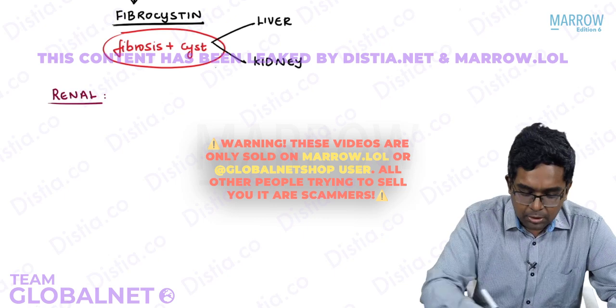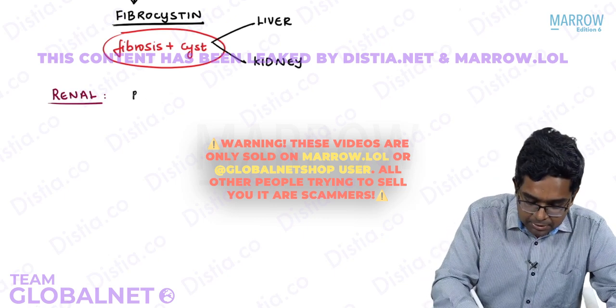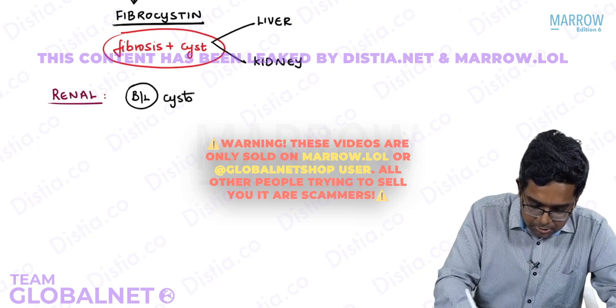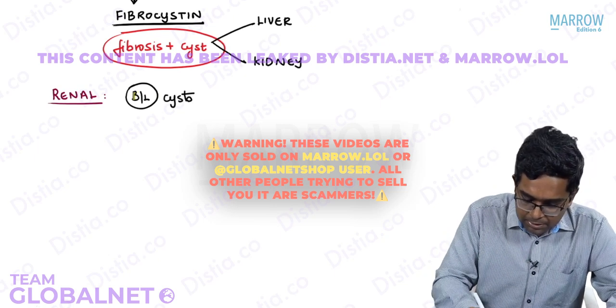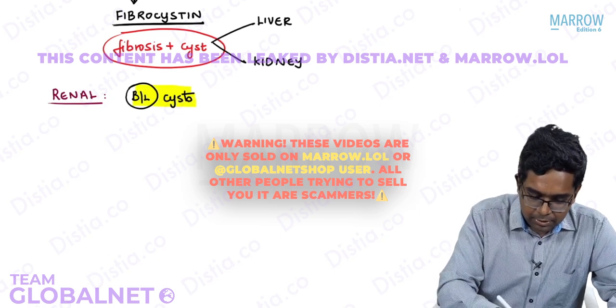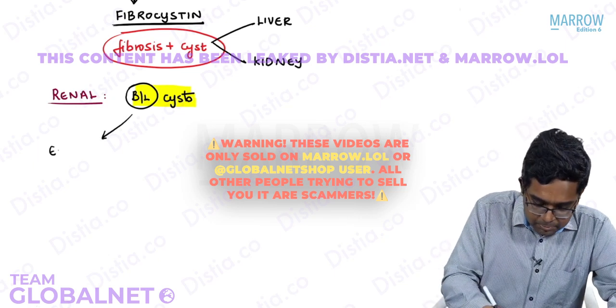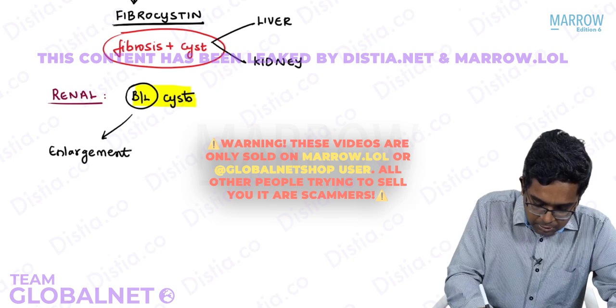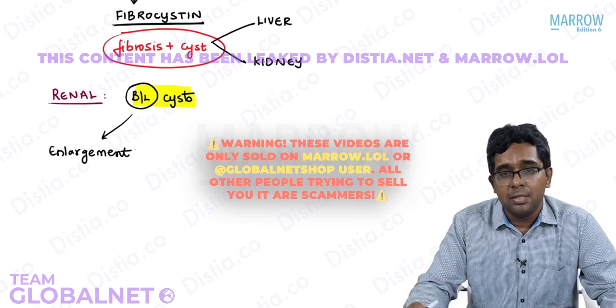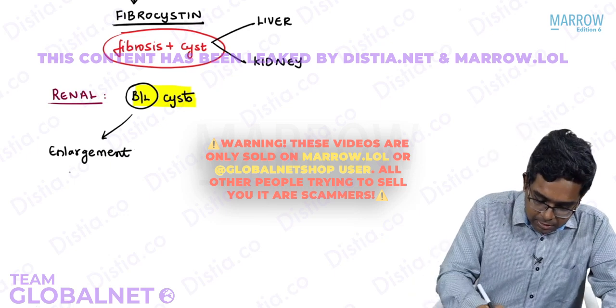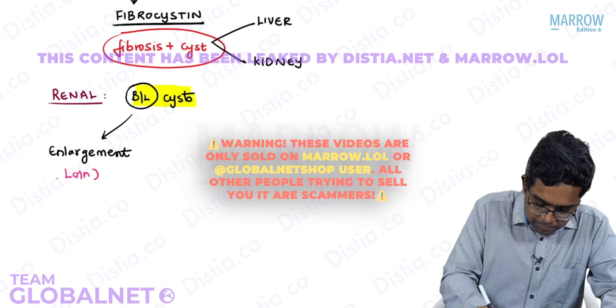Remember, both the kidneys are affected in this condition. It's a bilateral condition characterized by cysts inside both the kidneys. Now please remember, as I told before, whenever there is a lot of cysts present inside the kidney, it will result in enlargement of the kidney. So this condition can also present with abdominal mass, but here it will be a bilateral abdominal mass. Which area? Again, it is the loin area.